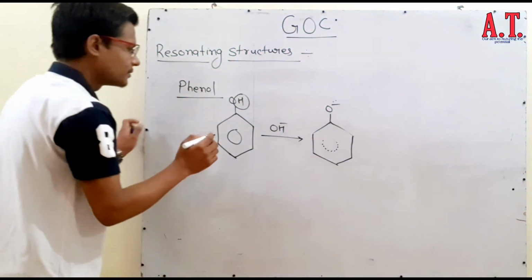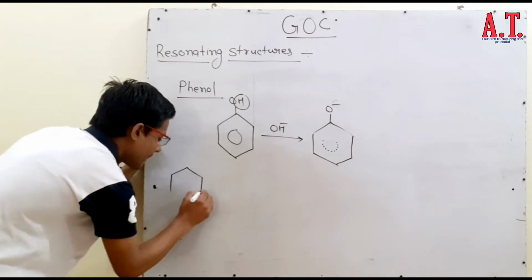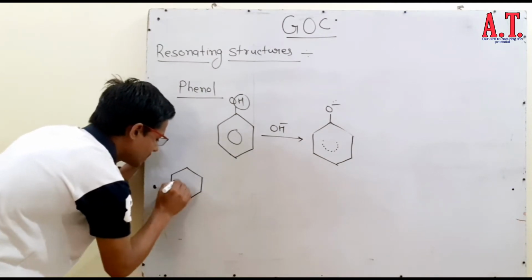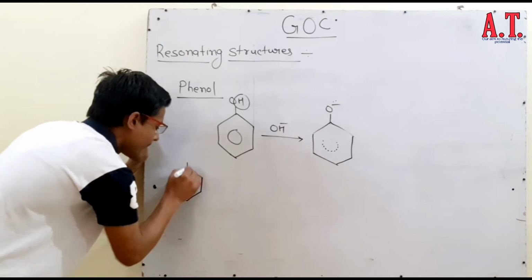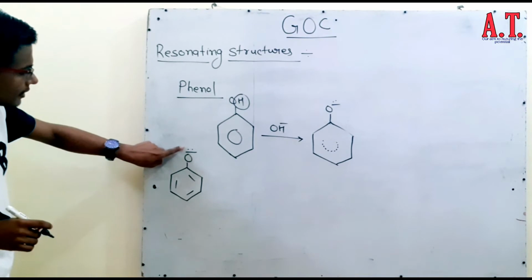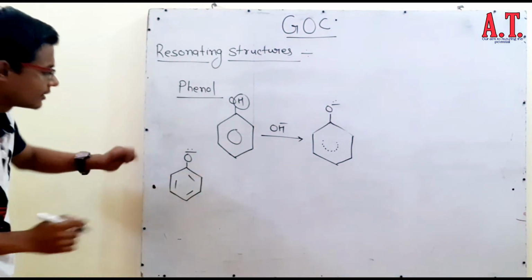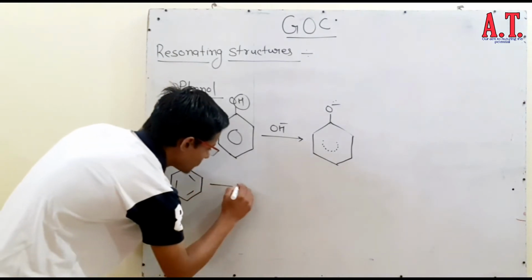So let me show you. This will be your remaining compound. Now you have this lone pair, single bond, double pi bond.